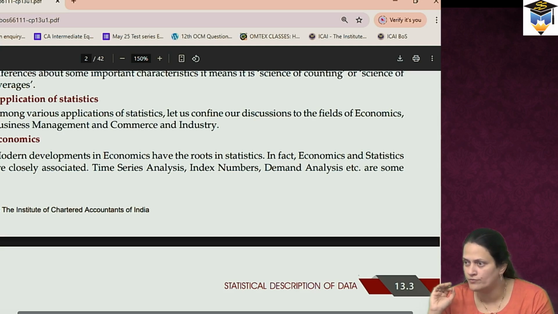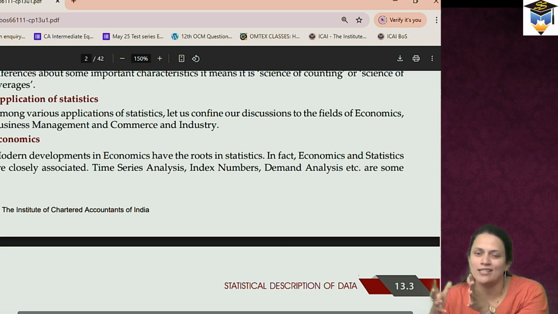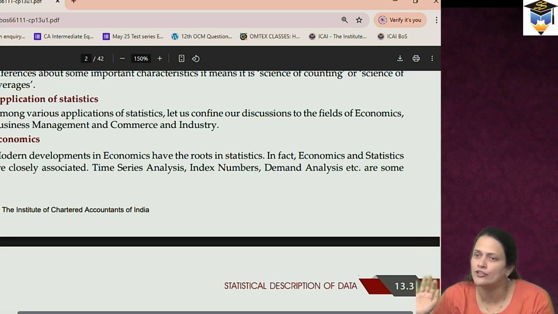So what do you do? You collect data from all the previous years, find out the values. Let us say for example Tata Steel. Initially it was 100, but now it has become 1000 rupees. So there is an appreciation in the cost or the price of the share.